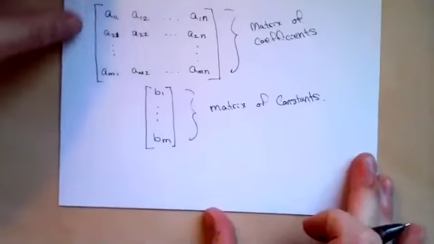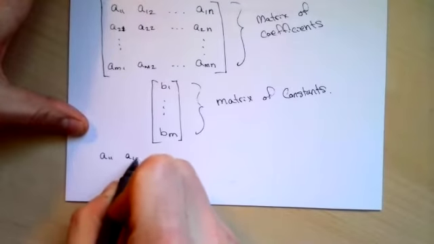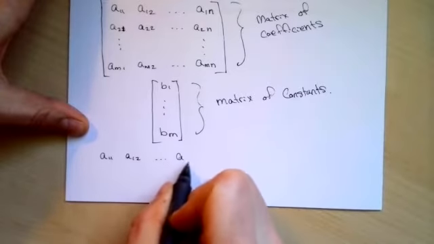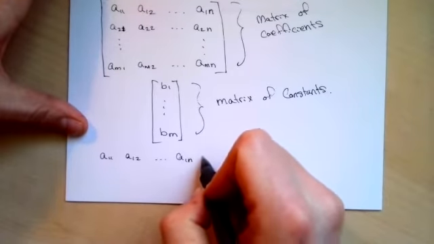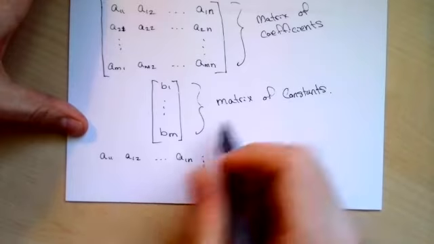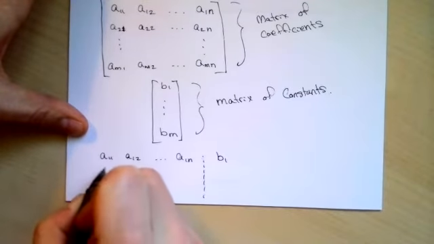And then we will commonly see these together. So A11, A12, all the way up to A1n. Then we often put like a bar here to separate the constants.